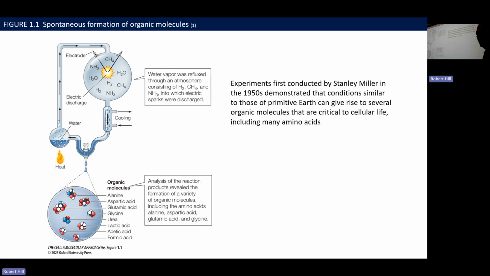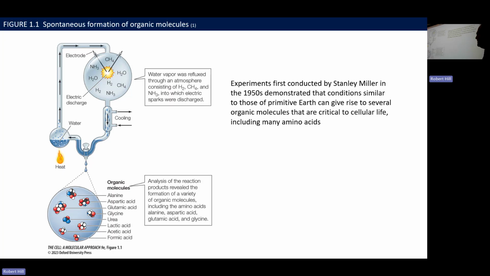He added heat, right, to indicate either warmth from the sun or volcanic warmth. He had electricity in there to simulate lightning, and a cooling effect from the upper atmosphere. And he refluxed this thing for weeks, right? He just let it cycle around and around and around.